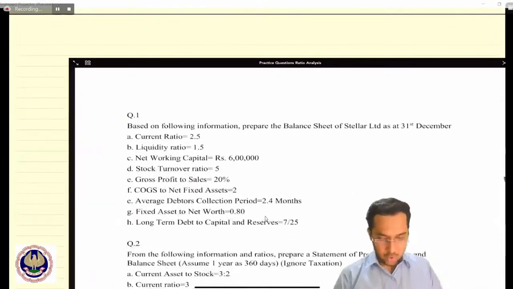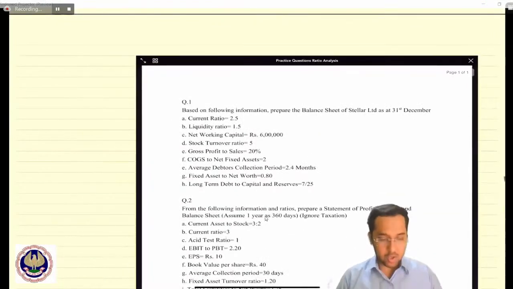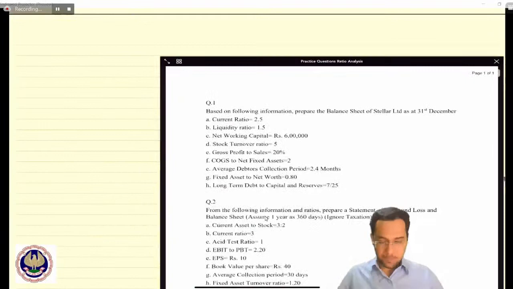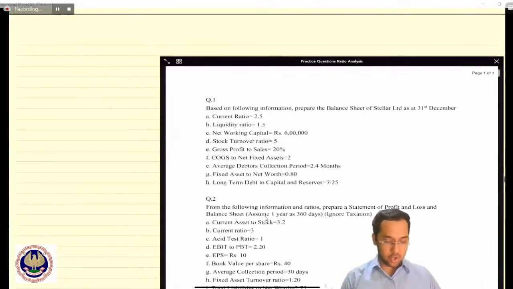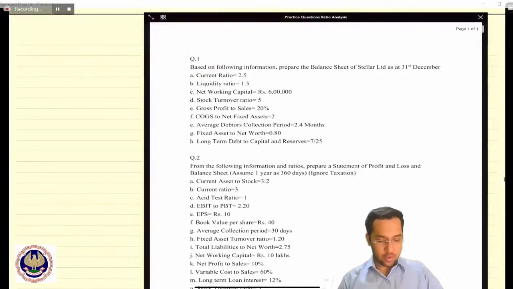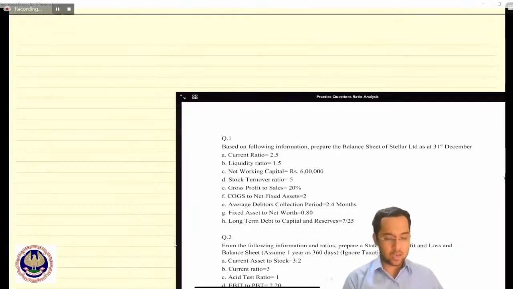So let's look at the question. Question number one, we'll solve it. Question two, you can take as homework for practice. I'll upload the solution for both on the portal itself. Based on the following information, prepare the balance sheet of Stellar Limited as of 31st March.